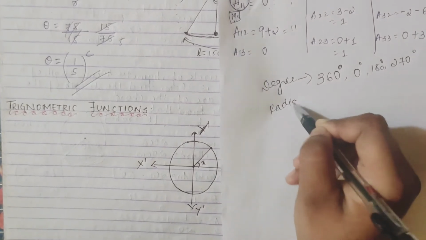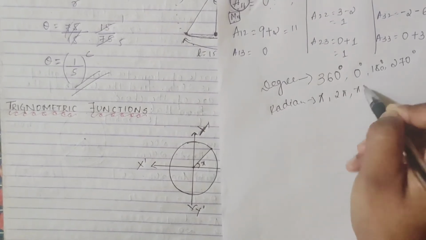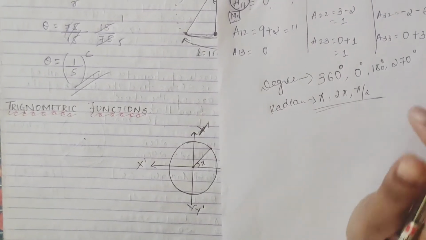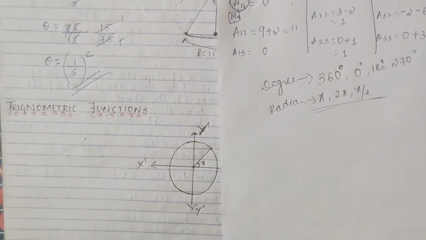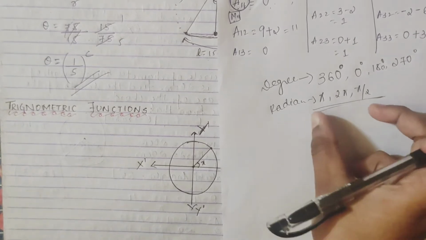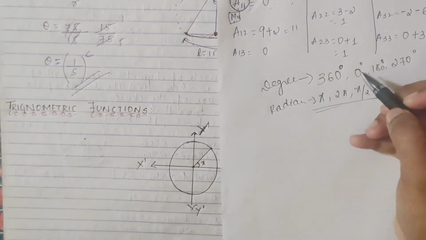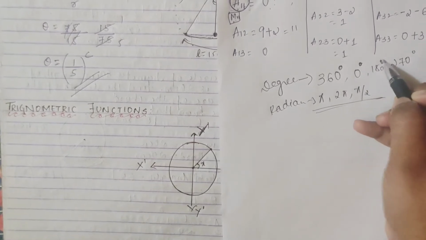For radian, everything is in pi: 2 pi, pi by 2, this is called radian. Just note it down simply if you are not understanding in detail. Radian will be simple, and degrees means you are mentioning it by adding a 0 here.